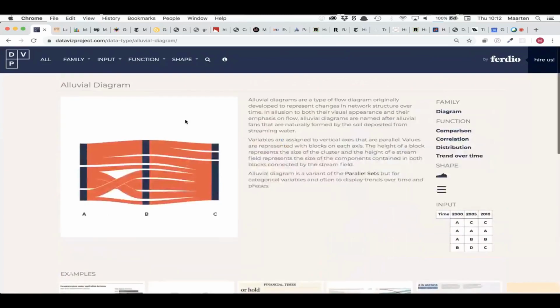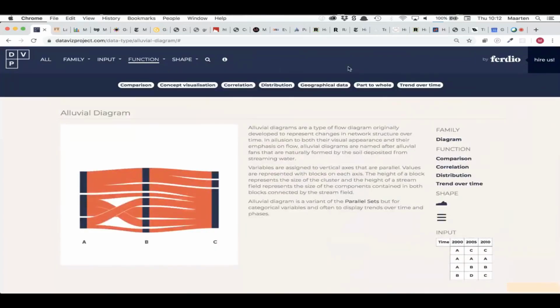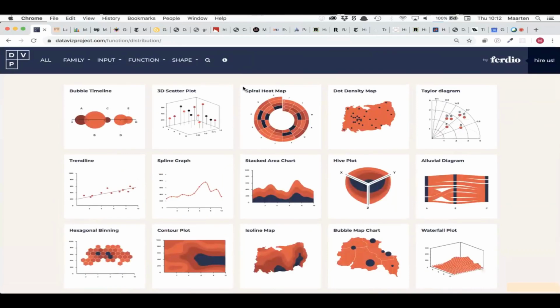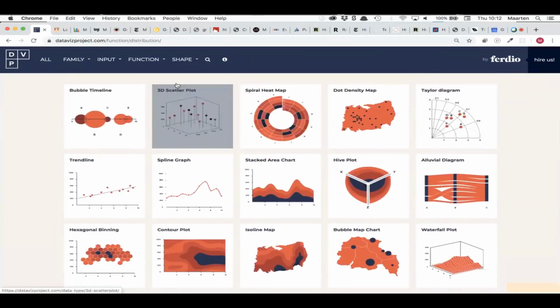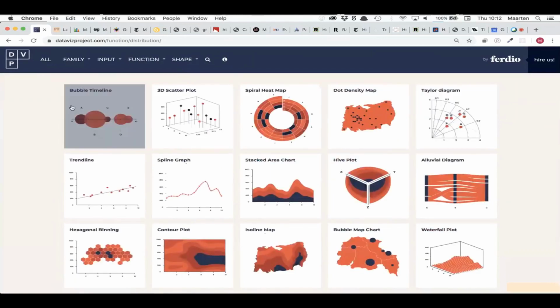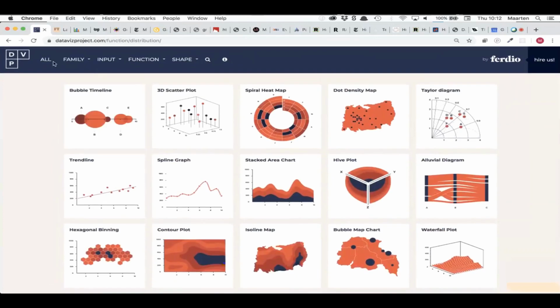You also have filtering capabilities. So if you want, for example, to show distribution, you can click distribution, and the gallery will filter and show you all visualizations that you can use to show distributions.